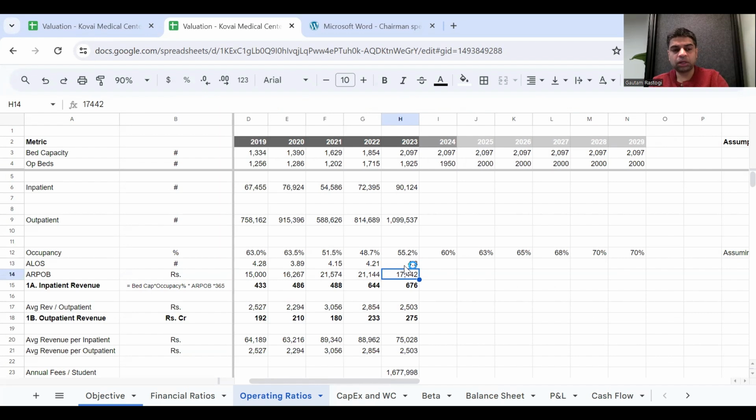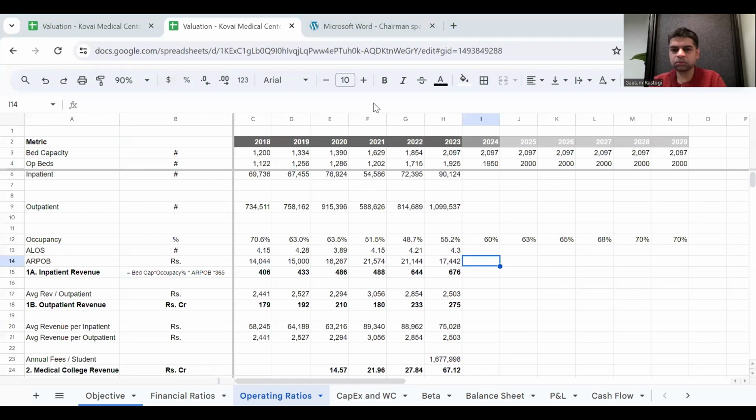So now let's project average revenue per operating bed. What is happening is, if you look at average revenue per operating bed, it increased until 2021, and then it started dipping. Now it has actually dipped a lot.